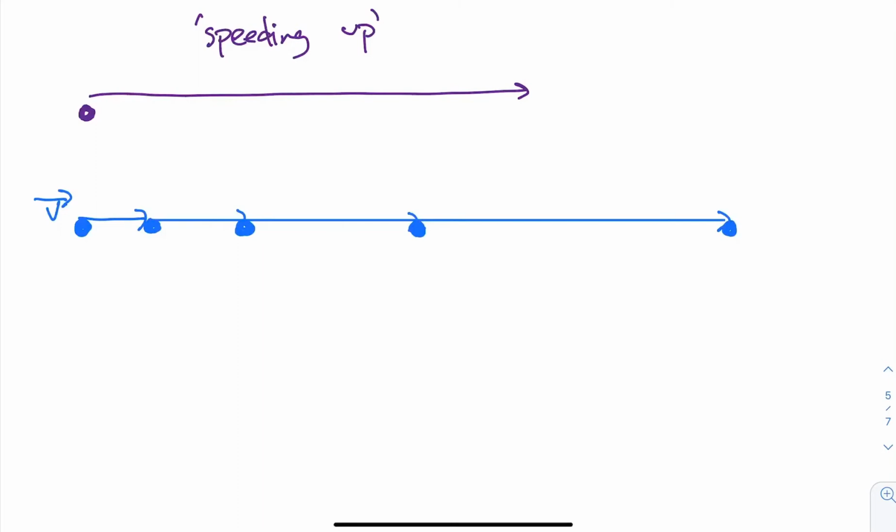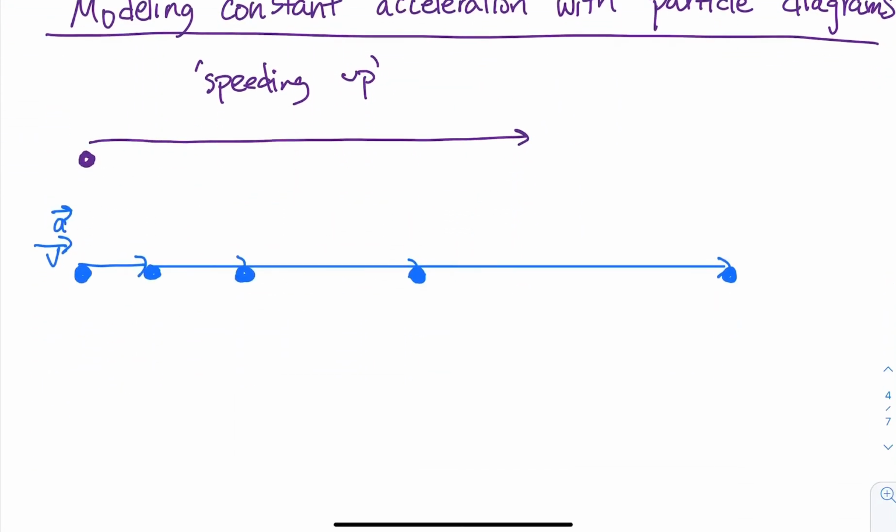Of course, we are moving at a constant acceleration, so we have to show that our acceleration vector is not changing length. It is a constant acceleration.